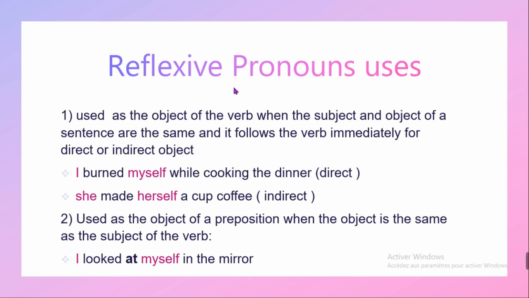Let's see some examples. I burned myself while cooking the dinner. Here it is direct. So I and myself are the same. Who burned himself? I burned myself.